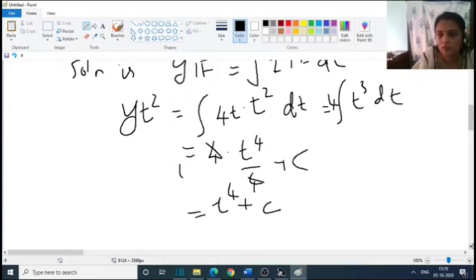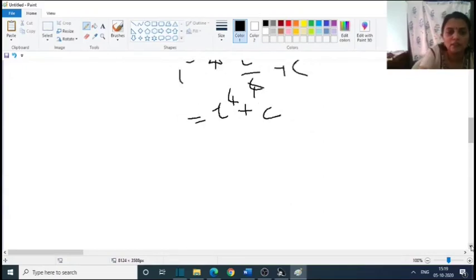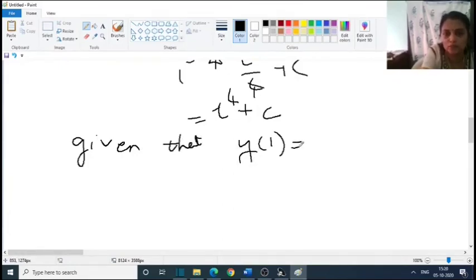The given initial condition is y of 1 is equal to 2, that is, when t is equal to 1, y is equal to 2.